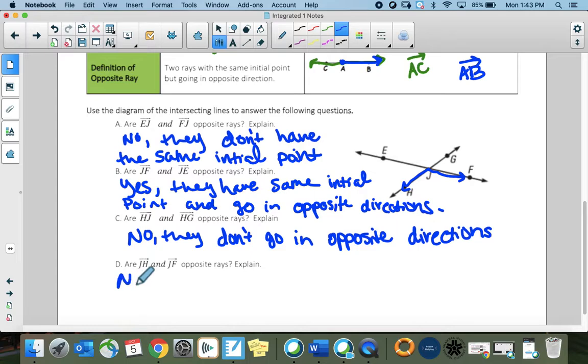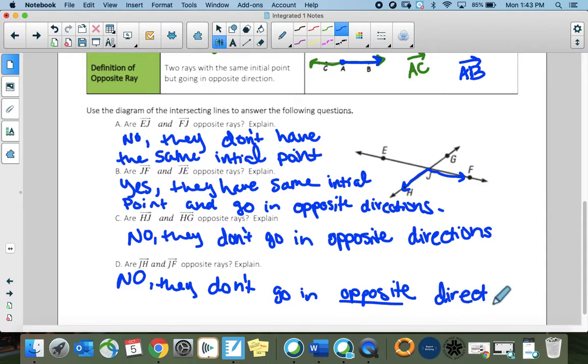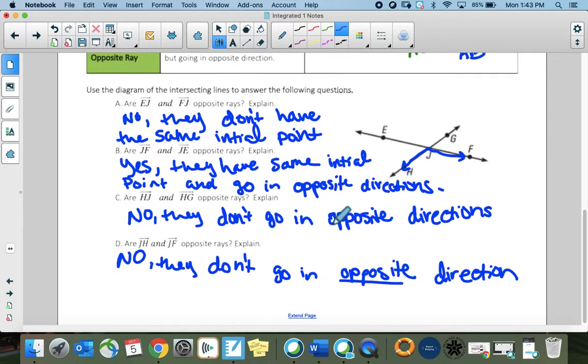So you'd say no, they don't go in opposite directions. It's important that they go 180 degrees. Your opposite rays have to form a straight line, a straight angle.